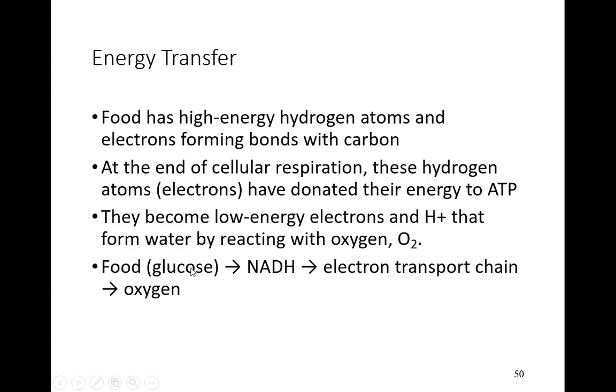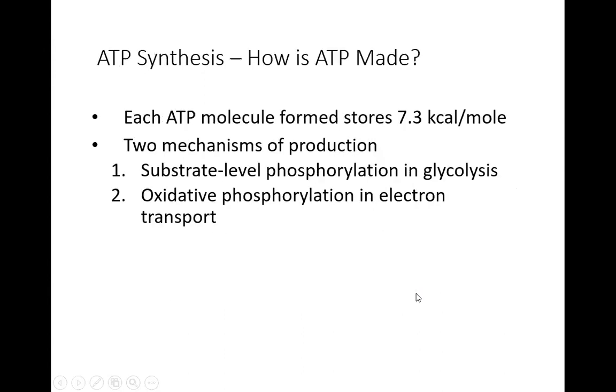Food, the glucose, in the presence of NAD plus will release energy for us. So we park all this energy. Now, this is an important point here. We park all of our energy in the form of ATP when we're using it.